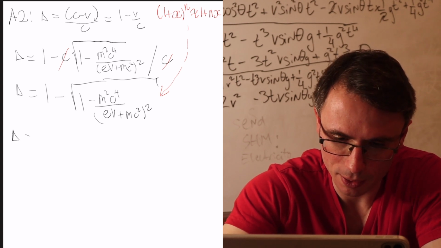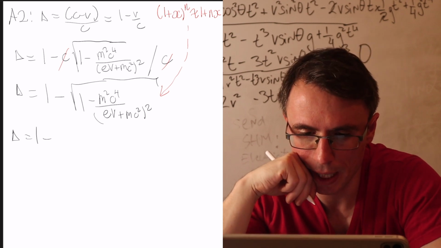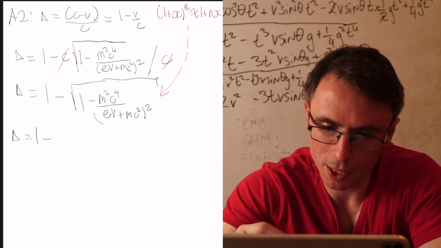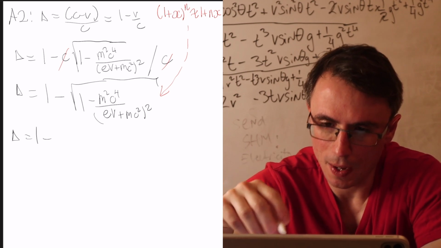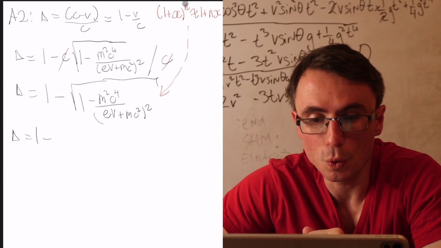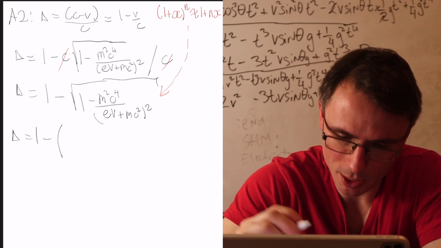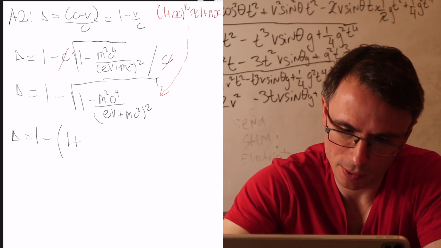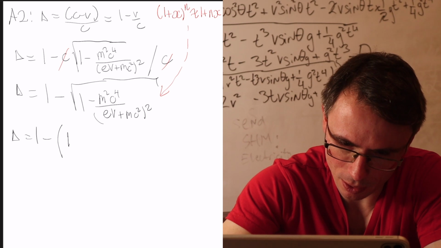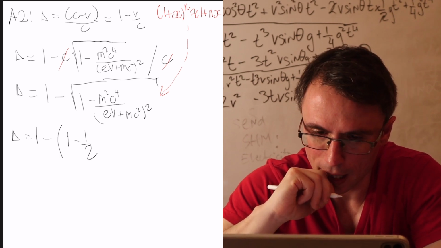Okay, what are we going to get? We're going to get that delta will be equal to 1 take away... Now this square root is essentially equivalent to n is equal to a half. This should be equal to plus n, which is negative a half, like that, negative 1/2, and then multiply by x.